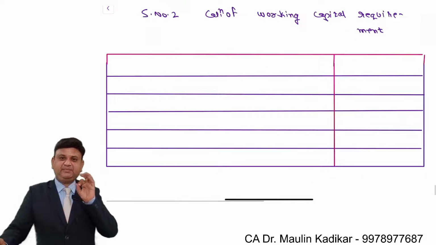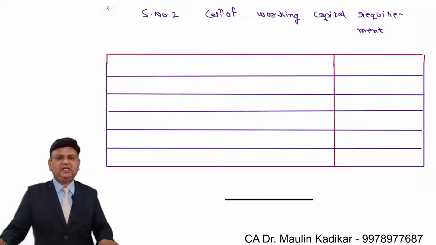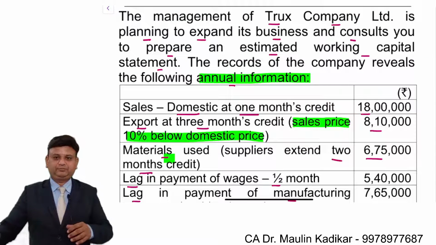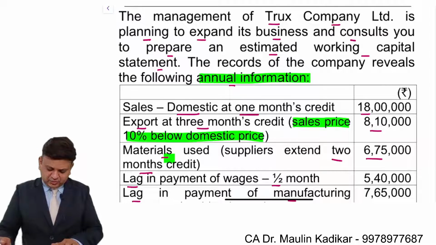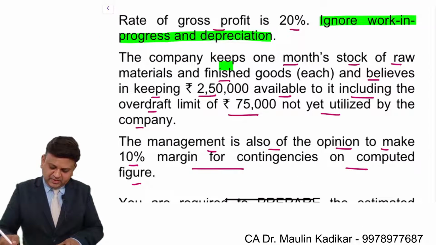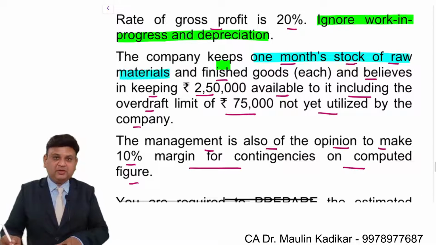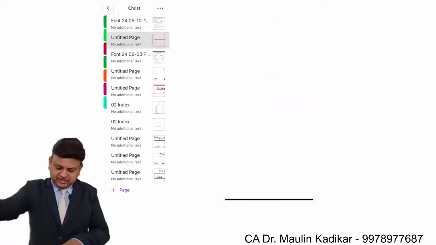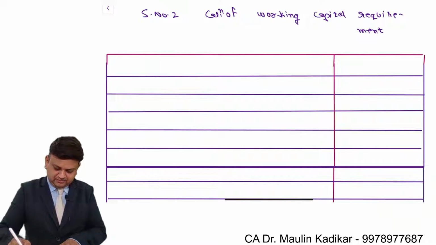Now friends, except debtors, because in debtors I need to explain you something, try to compute the working capital remaining values on your own. Now friends, over here, the question is providing the information. Raw material holding period is 1 month. Consumption of the raw material has been provided to us. So based on that, we can compute the stock of raw material.